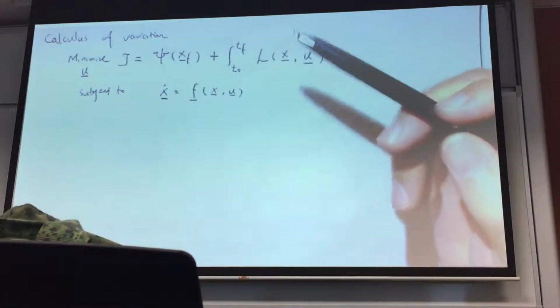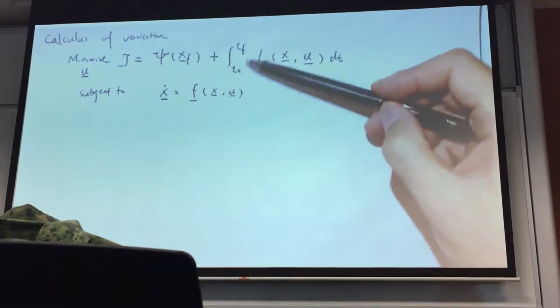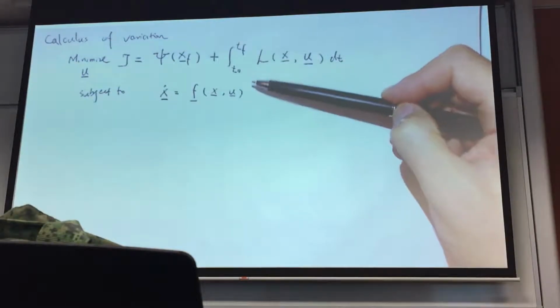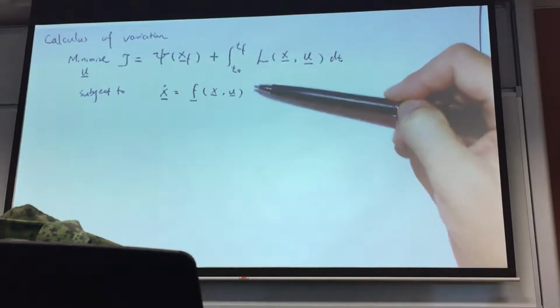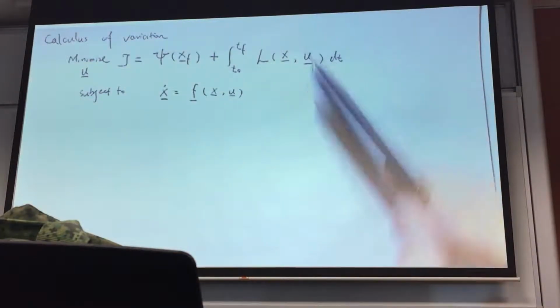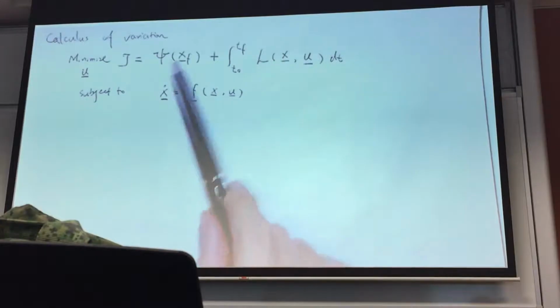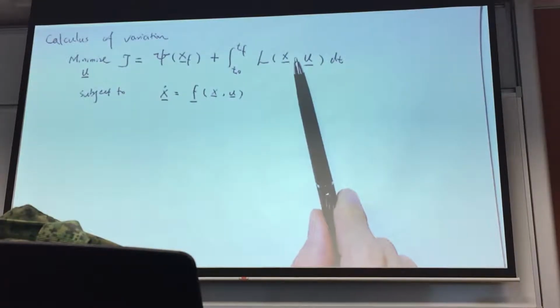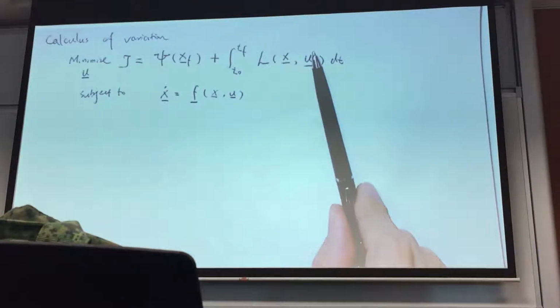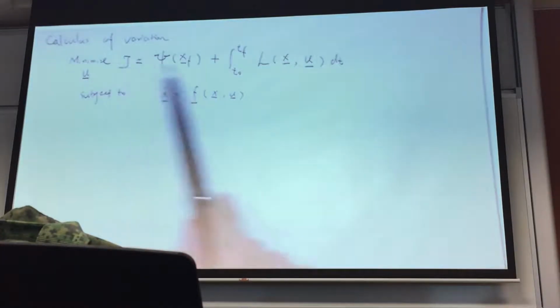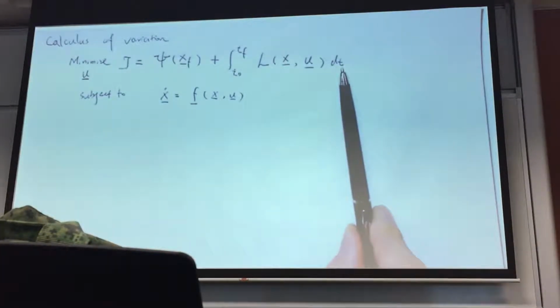The main difference between this problem and the problem that we discussed in the past couple of weeks is, firstly, this cost function is a continuous time function, so it's not discretized. Here, everything depends on continuous time.